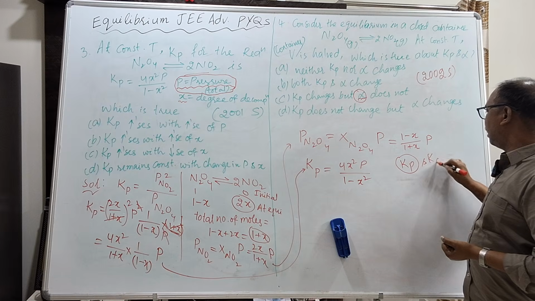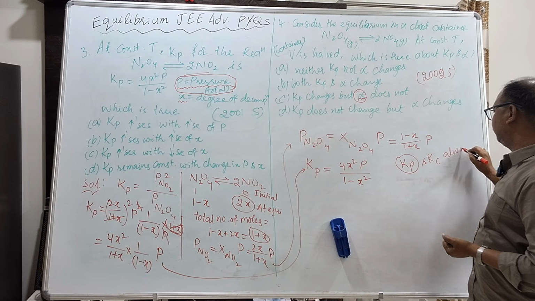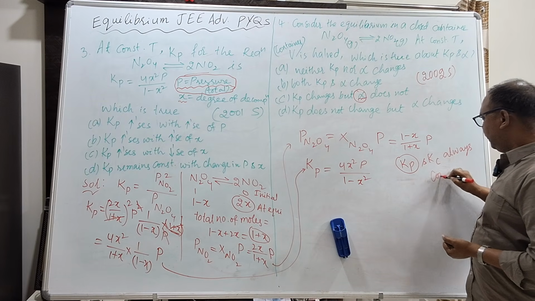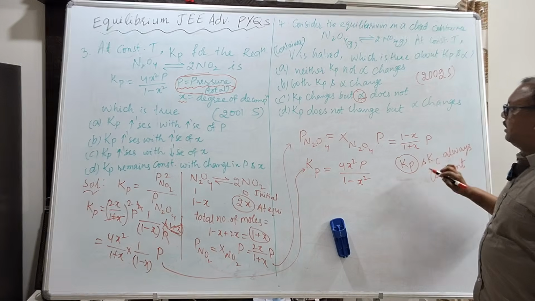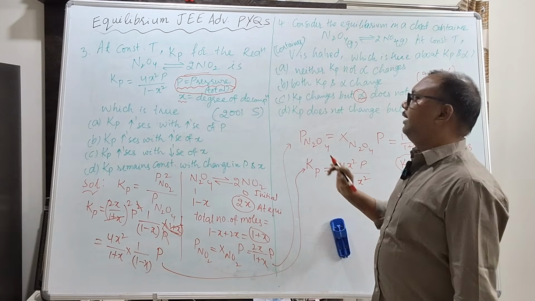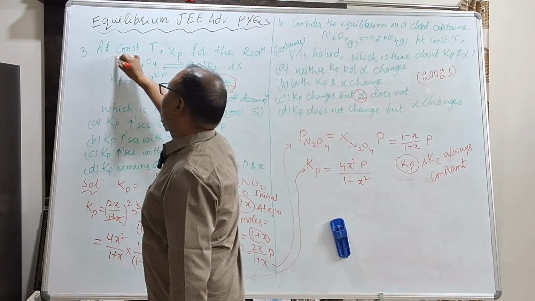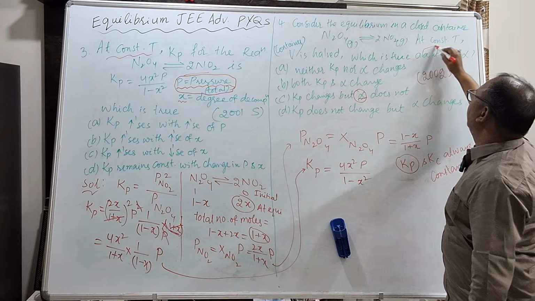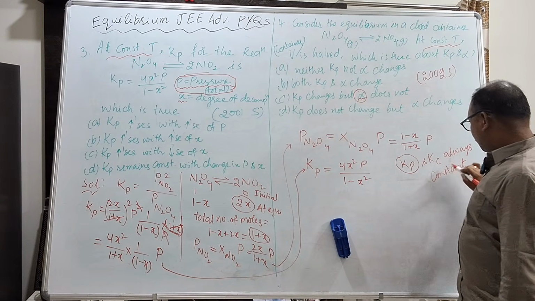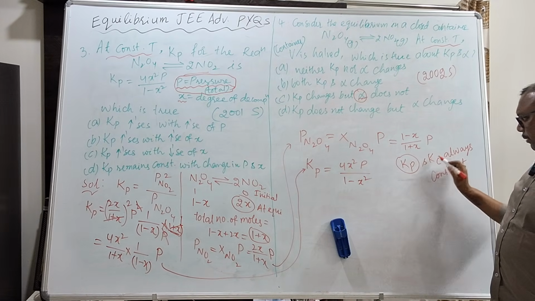Kp and Kc are always constant, they depend only on temperature. But here the condition given is at constant temperature, they have mentioned very clearly in both the questions. Therefore, here it depends only on temperature.